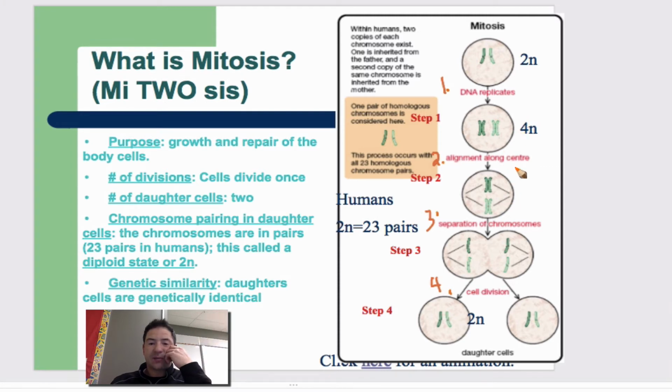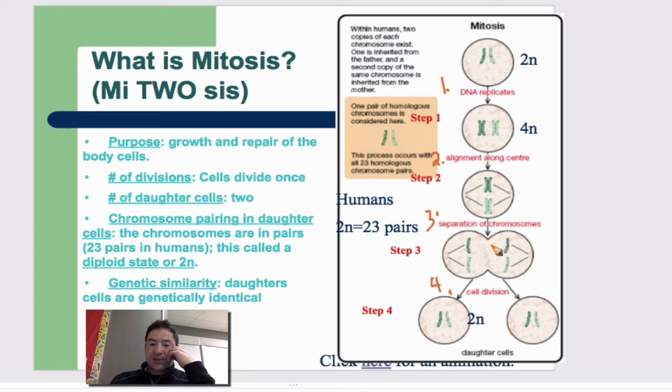So what happens in the next phase, step 2, is that the DNA has replicated. Now it aligns along the equatorial plate of the cell, and spindle fibers attach from the centromeres and pull the DNA apart. So step 2 is alignment along the center, or along the equatorial plate.